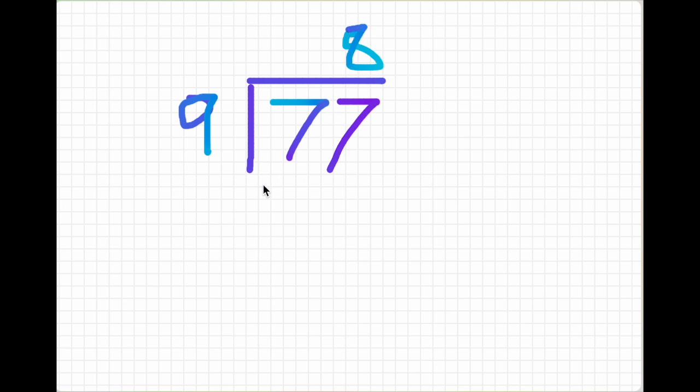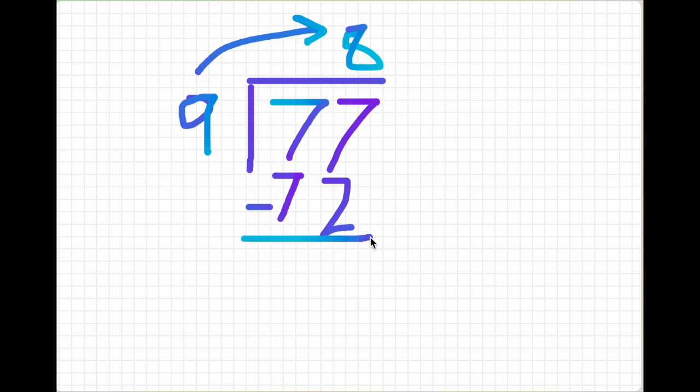Because that is correct. Because 9 times 8 is 72. That leaves us with 5. So it should be 8 5/9 cups of hot chocolate are able to be poured.